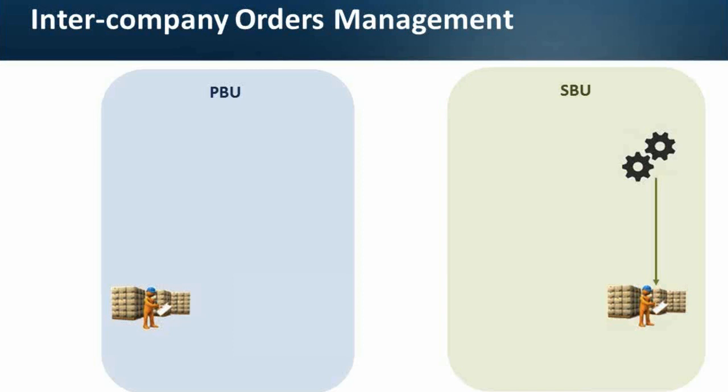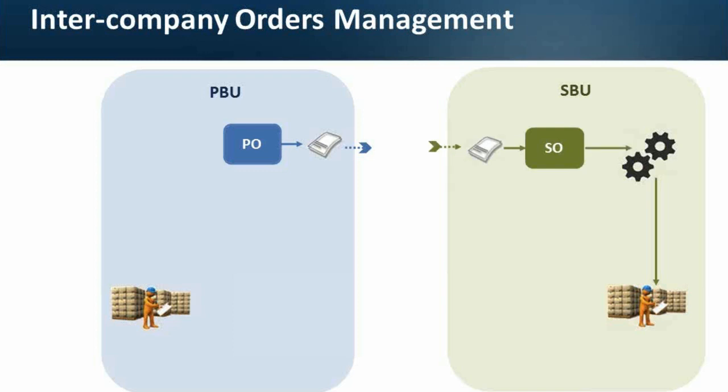To replenish inventory at PBU, we create a purchase order to SBU, which is our supplier in this case, and the purchase order then gets sent to SBU. In most cases, it is sent via email. When SBU receives orders from PBU, it creates a sales order in its database, schedules production, and once products are manufactured, ships them to the primary business unit.